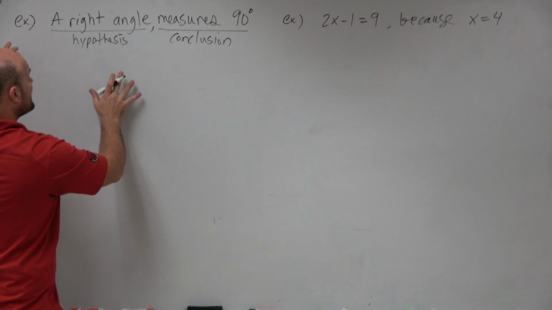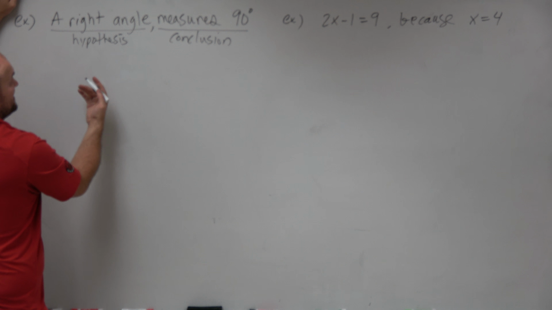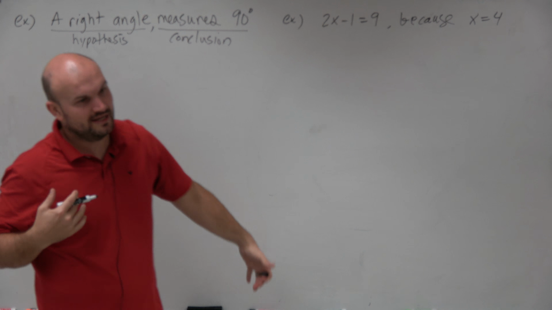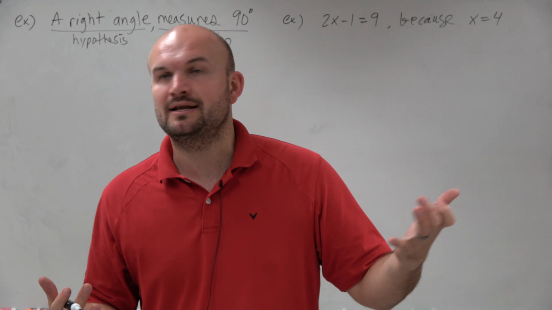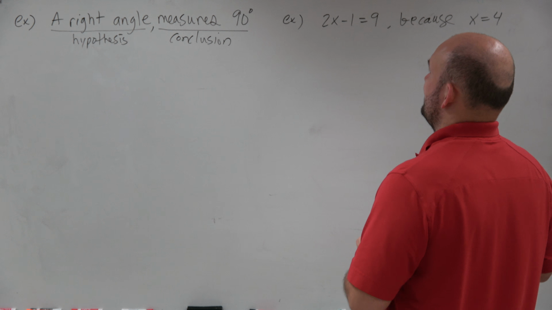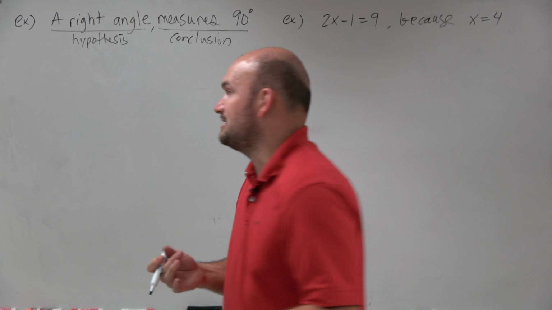Therefore, if I want to write this in if-then format, I don't want to just throw in an if and a then. Don't say just, if a right angle then measures 90 degrees. You still want it to make sense.